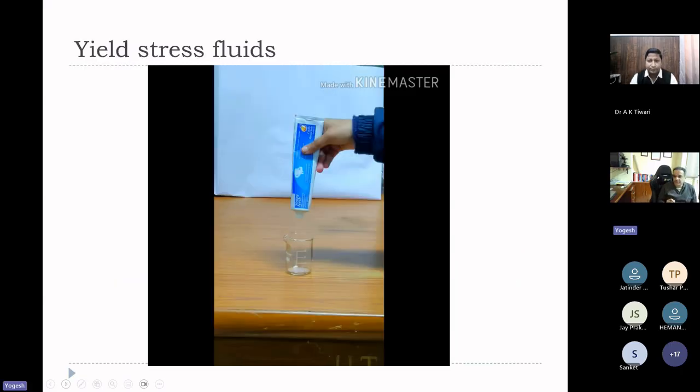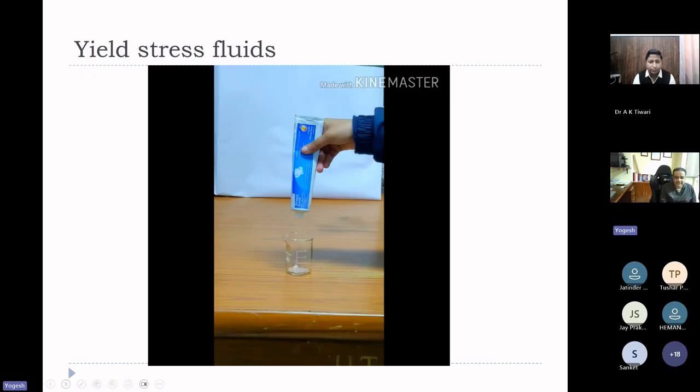Well, there is nobody over here who has not used toothpaste. When you took your undergraduate fluid mechanics course, you were told that toothpaste is a Bingham fluid material, which simply means that it does not flow until a certain threshold stress is applied to it.